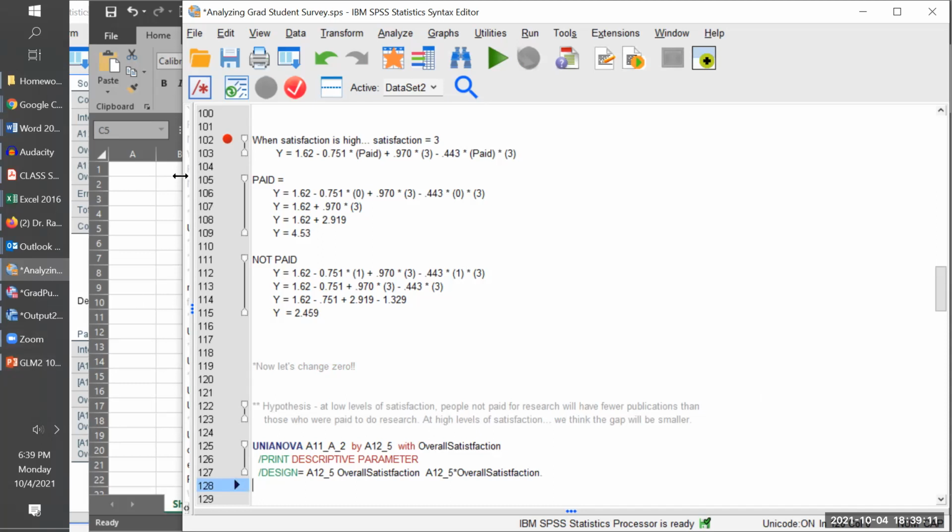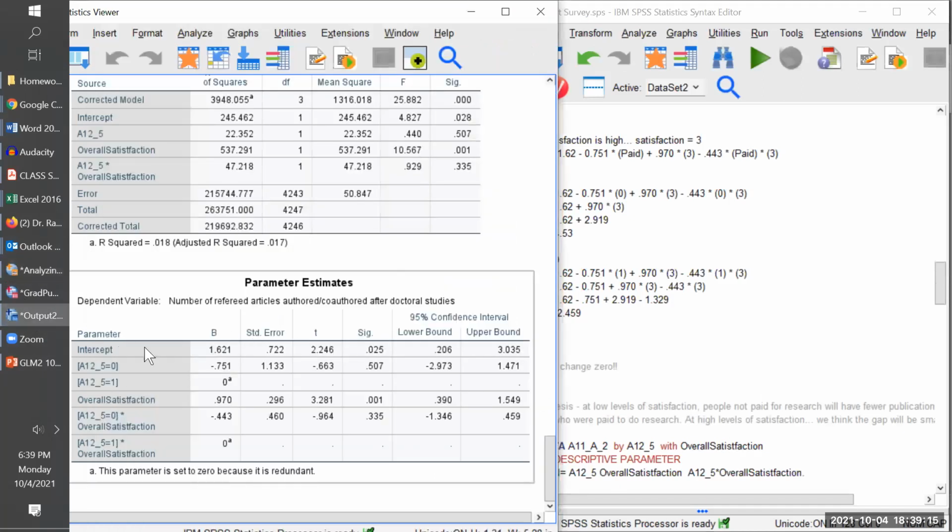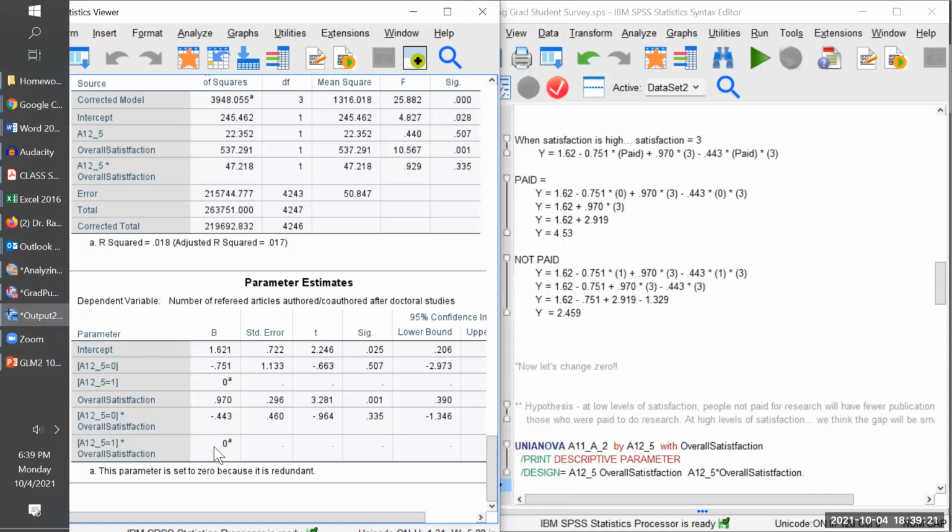At low levels of satisfaction, which is satisfaction would be 0, would be a low level. Do they have fewer? Yes, they have fewer, but no, it's not significantly different from 0.